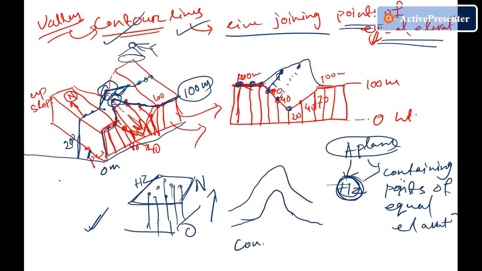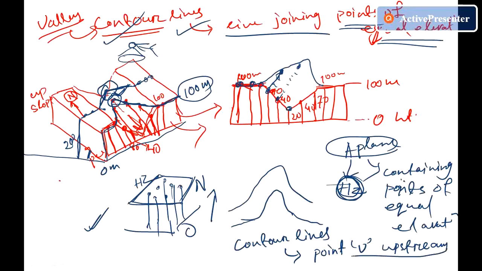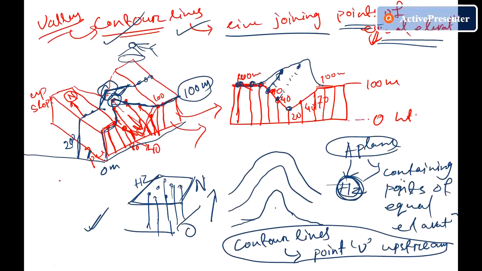So the contour lines will point V upstream, as I have shown here, like this, right? This is your north direction. The ground surface is sloping south, and the contours are pointing towards north, that means the opposite direction, that means in the upstream direction.